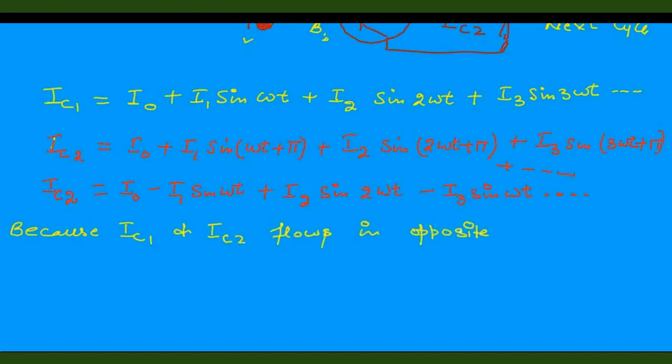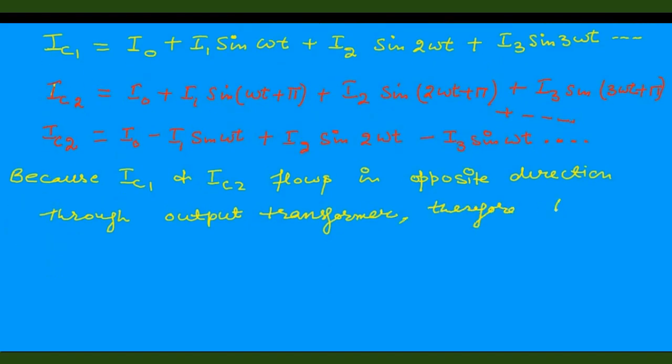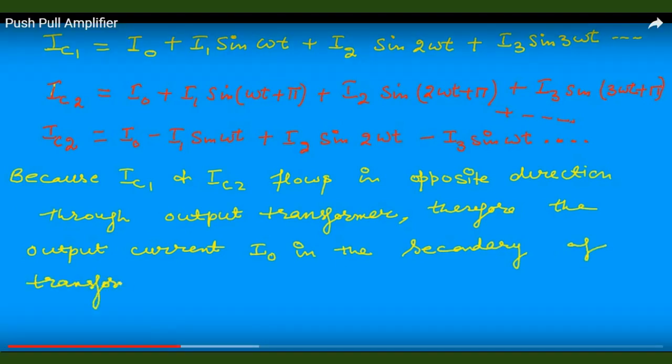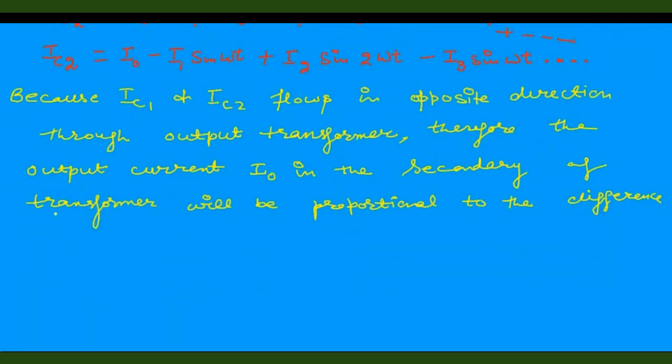Because IC1 and IC2 flow in opposite directions, the output current in the secondary of the output transformer will be proportional to the difference of the two currents. So we have I naught equal to a constant times IC1 minus IC2.